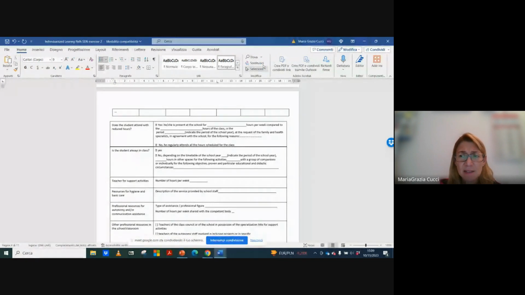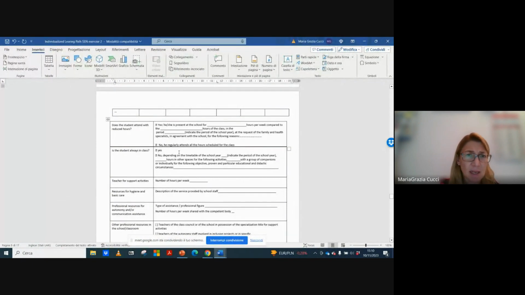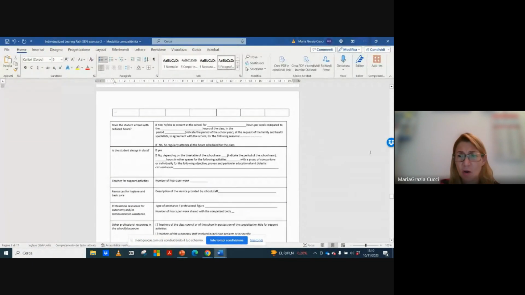Then in the last part of the document, you can put some information that are important for the teaching class council. For instance, does the student attend with reduced hours?